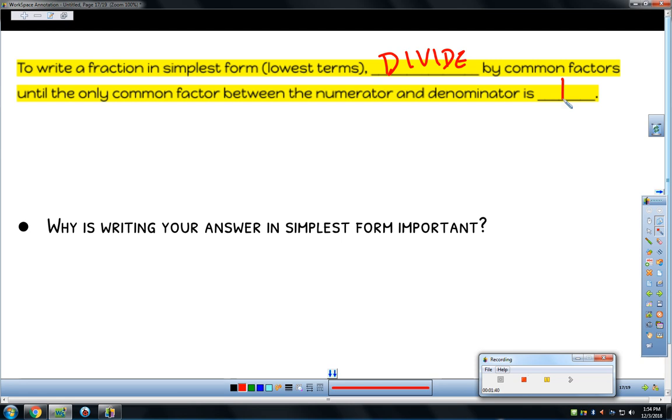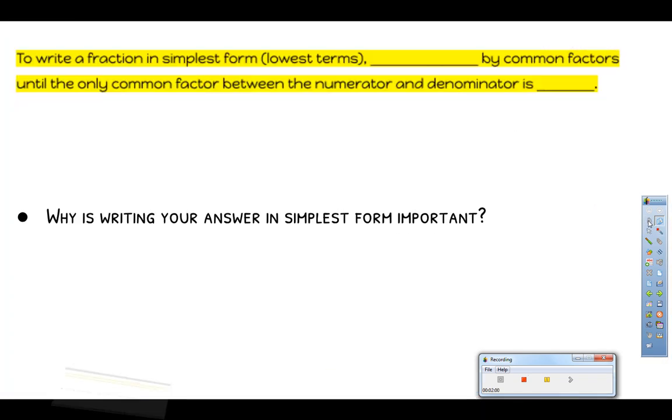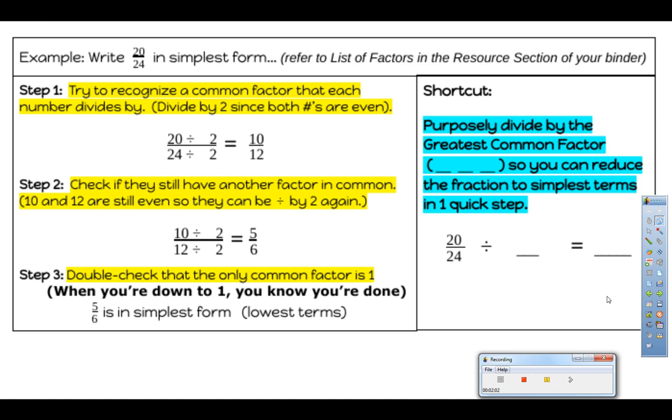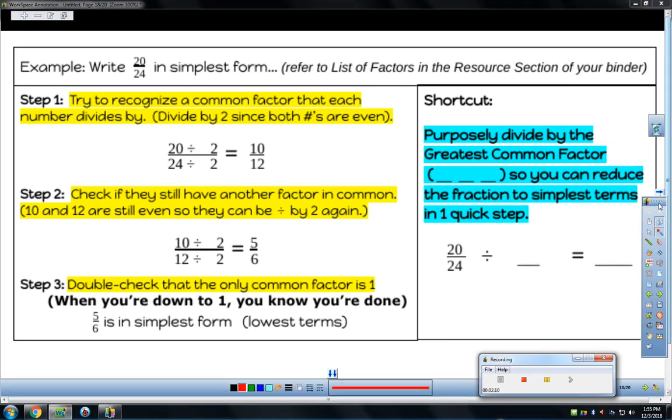I'd like you to answer this to yourself: why is simplest form so important? Think about that example I gave about the grocery store. We have steps 1 through 3 and then the shortcut. Take a moment and highlight.